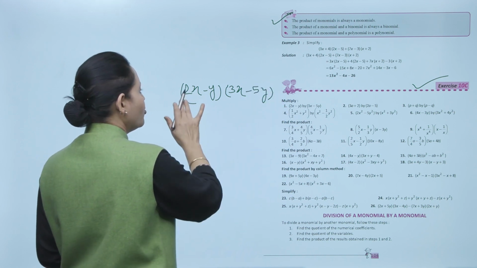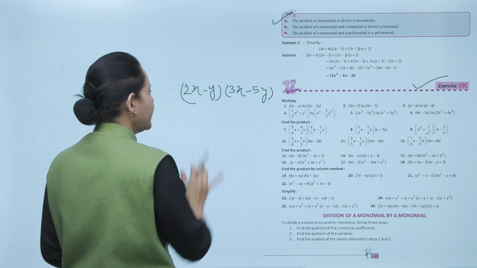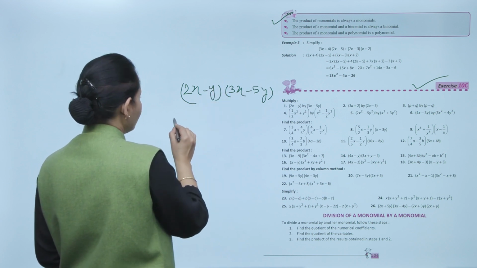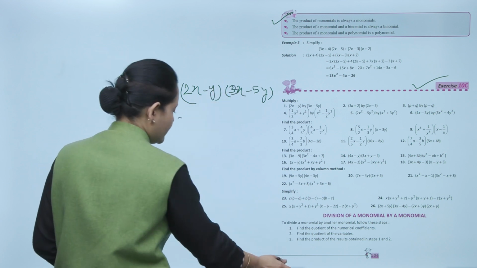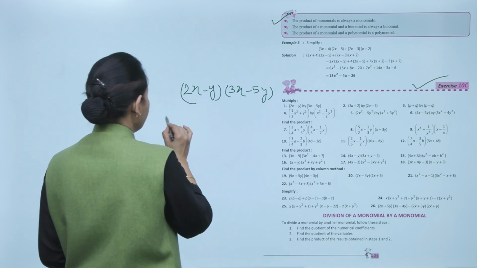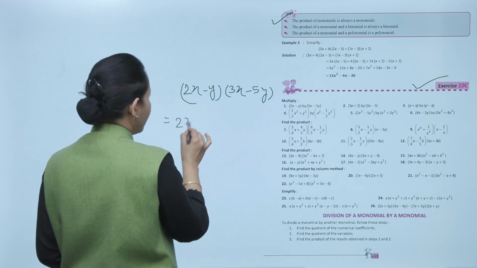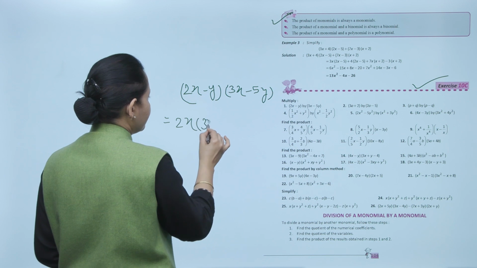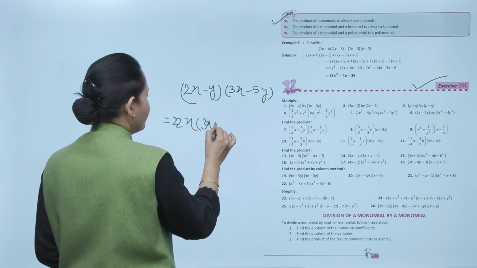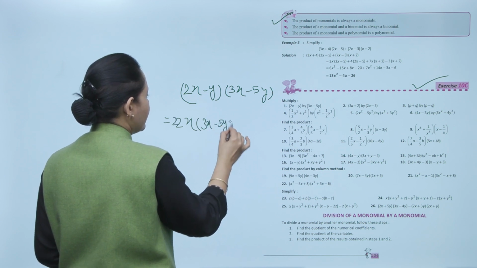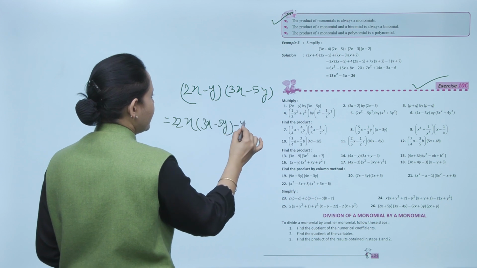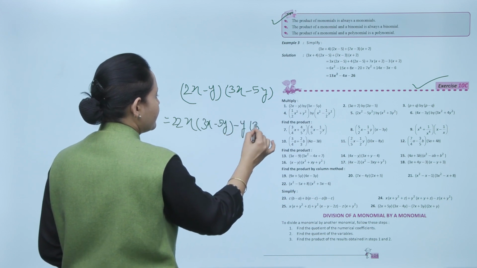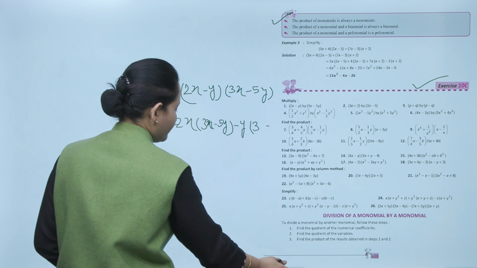So what will we do? 2x को पहले हम इन दोनों से multiply करेंगे and then y को. So first write 2x multiply by 3x minus 5y. देन माइनस का साइन है, माइनस y को multiply करेंगे 3x minus 5y से.